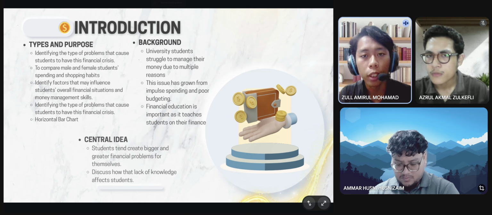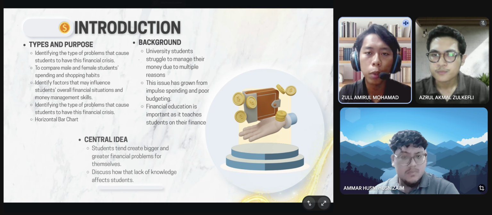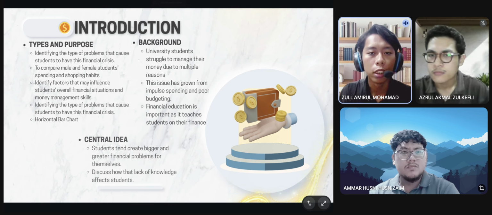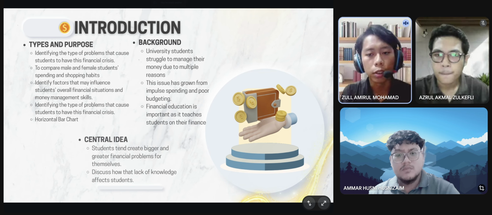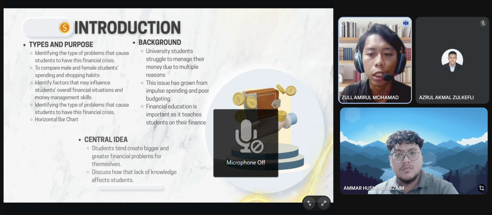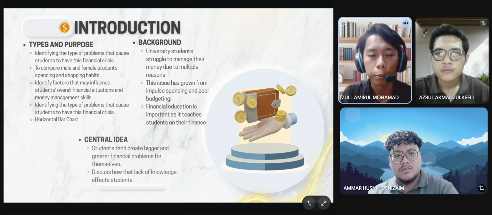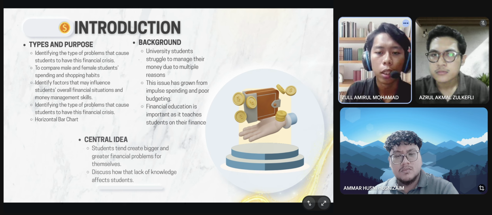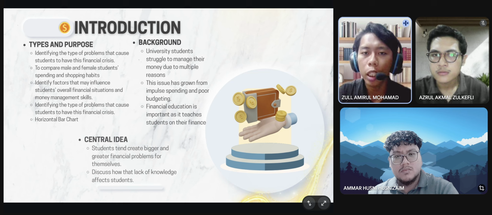Over time, the issue grows bigger and bigger as more students face more financial stress due to impulse spending and poor budgeting. This is also why financial education is important to start, especially from being a student, as it teaches them how they can manage their finance and directly apply it to their daily life.